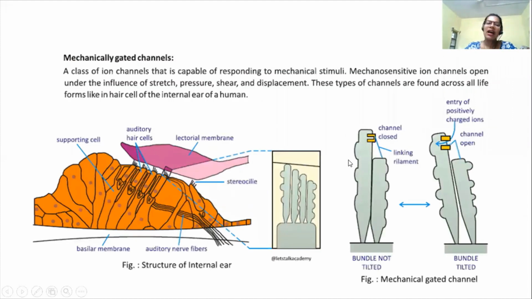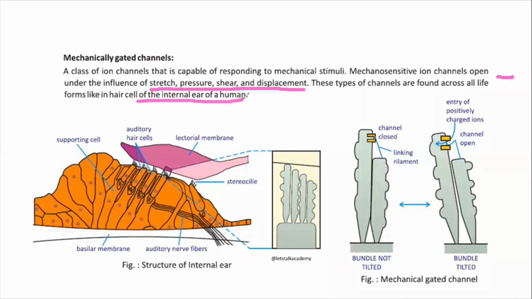They are a class of ion channels capable of responding to mechanical stimuli. They're also called mechanosensitive ion channels, which open under the influence of stretch, pressure, shear, or displacement. These types of channels are found across all life forms, like in the hair cells of the internal ear of humans.